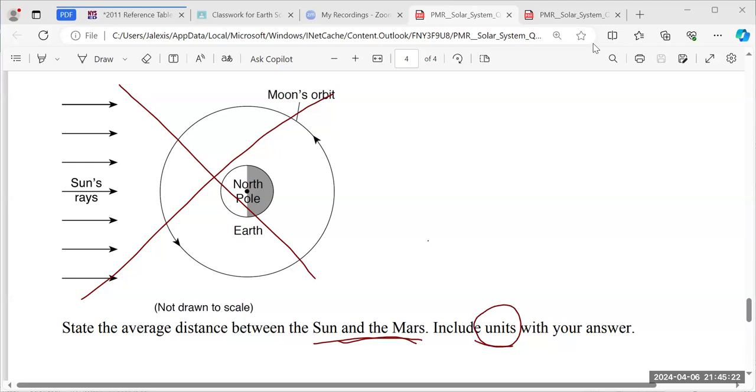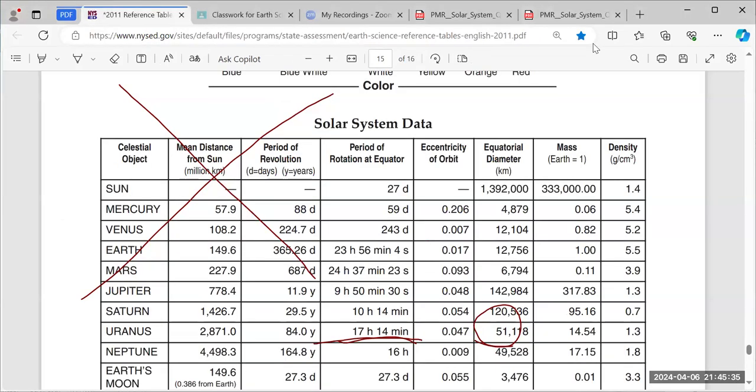So it says state the average distance between the sun and Mars. Include units with your answer. That means we have to include units in our answer. We're not just going to write a number, but we have to cover it with a unit. So I'm going to go to my favorite page of the reference tables, page 15, solar system data, and they're asking for the average distance between Mars and the sun.